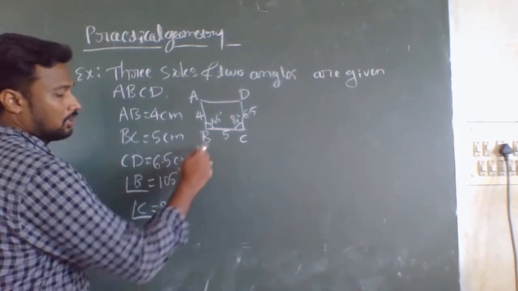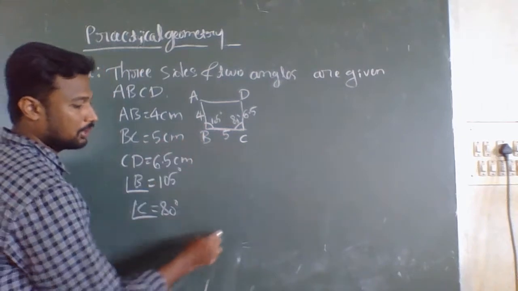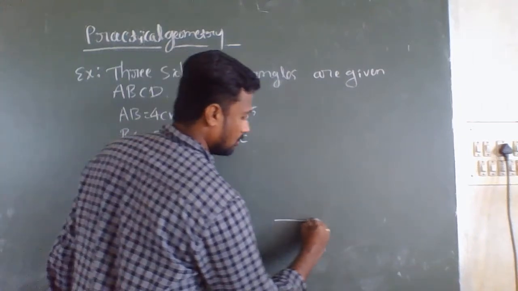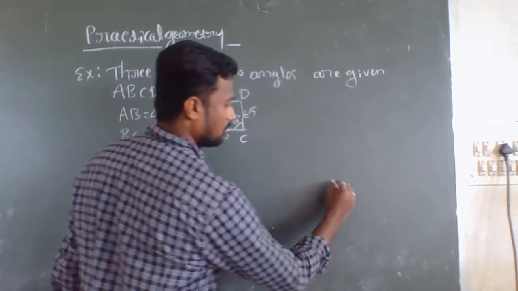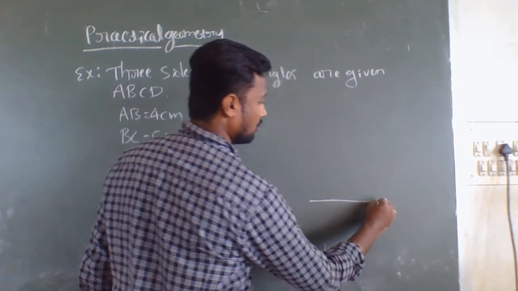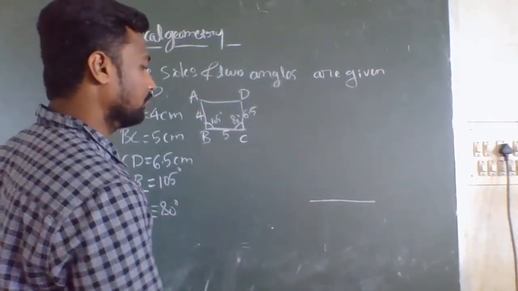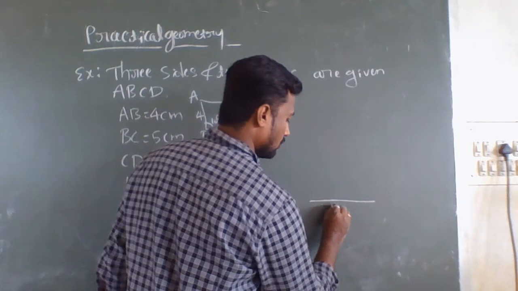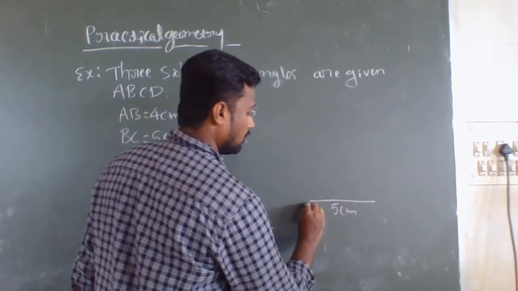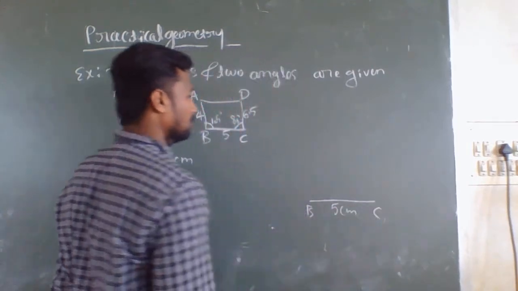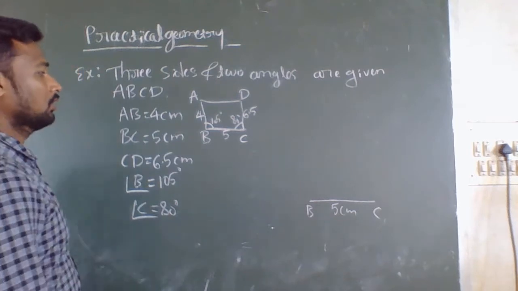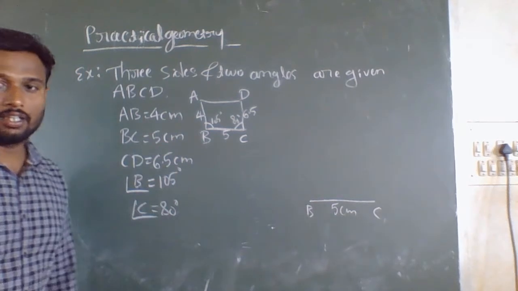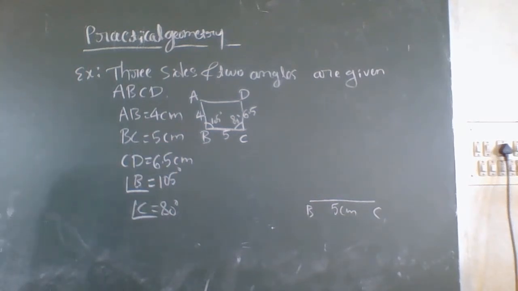First, I will draw this baseline BC, which is 5 centimeter. Now angle B is 105 degree.